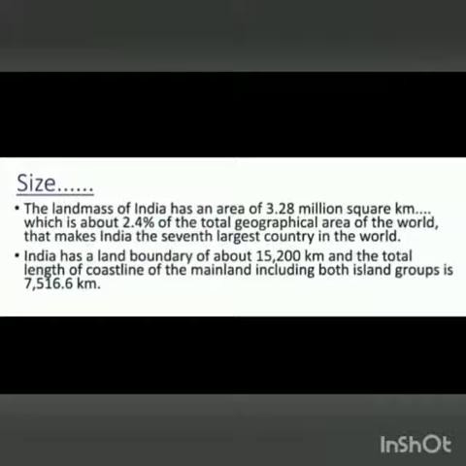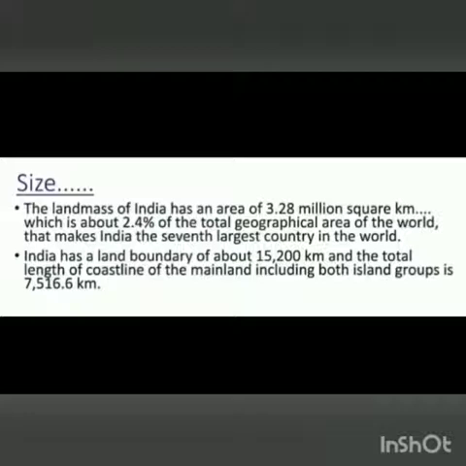India has a land boundary of about 15,200 kilometers, and the total length of the coastline of the mainland, including both the island groups, that is Andaman and Nicobar Islands in the Bay of Bengal and Lakshadweep Islands in the Arabian Sea, is about 7,516.6 kilometers.